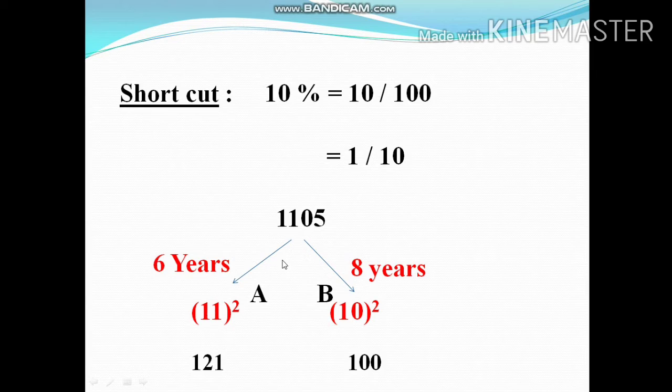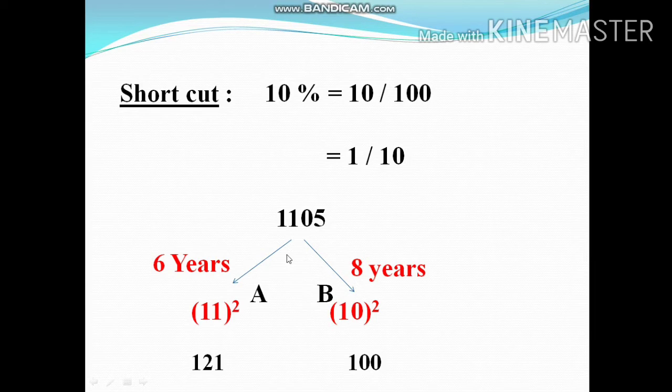We have to remember the simple logic that the person who is giving the principal for lesser years will be getting the higher principal, so that after certain years the amount received by both will become equal.